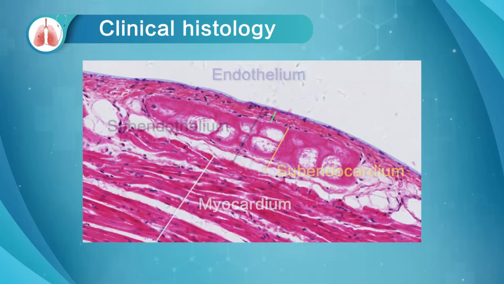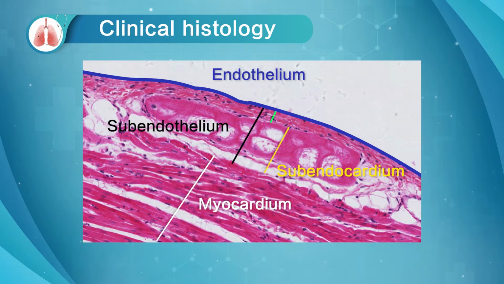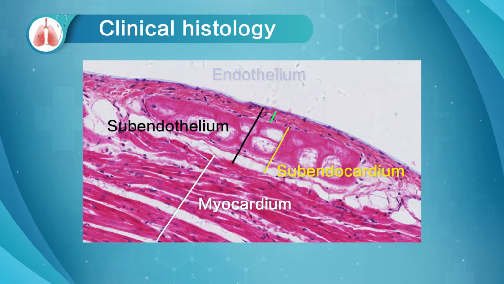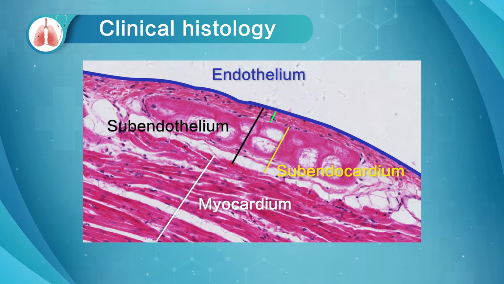The endocardium lines the lumen of the heart and provides protection to the heart chambers. The endocardium is composed of two layers: the endothelial layer, highlighted by the blue line, and the subendothelial connective tissue layer, spanned by the black line.